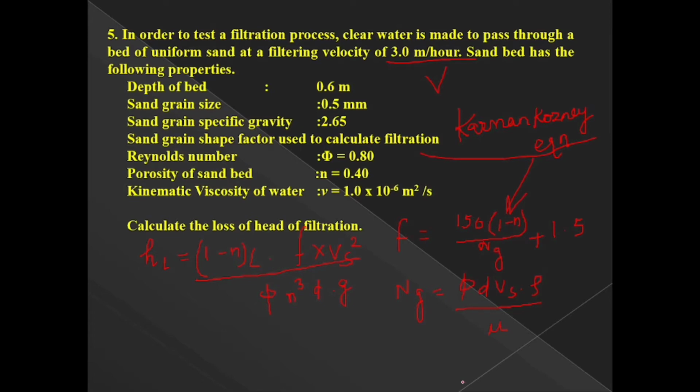So initially we have to calculate the Ng value. Here diameter, Vs, d, rho, mu, each and every data is given in this problem. From here we can calculate the value of Ng, and I found the value of Ng as 0.33.